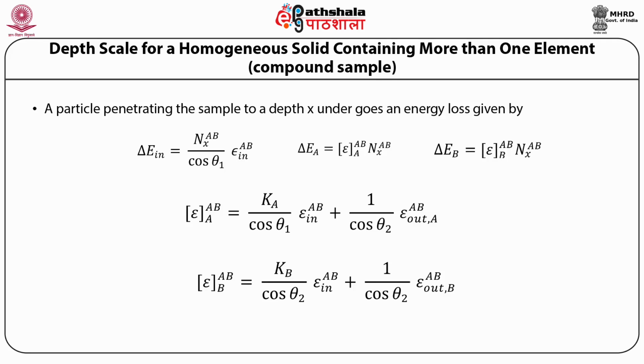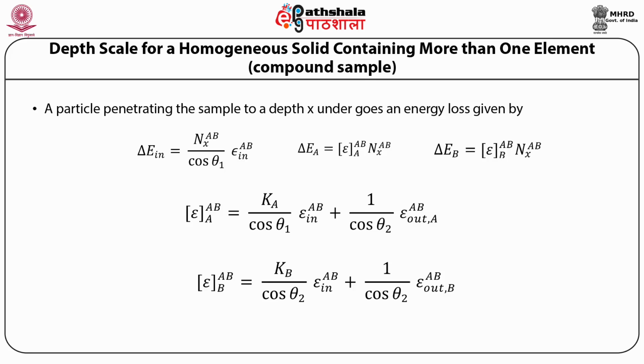For a compound sample, the yield of the backscattering spectrum and the energy-to-depth conversion thus depend on the element struck in the collision. All counts generated by backscattering from a given element constitute the signal of this element in the spectrum.